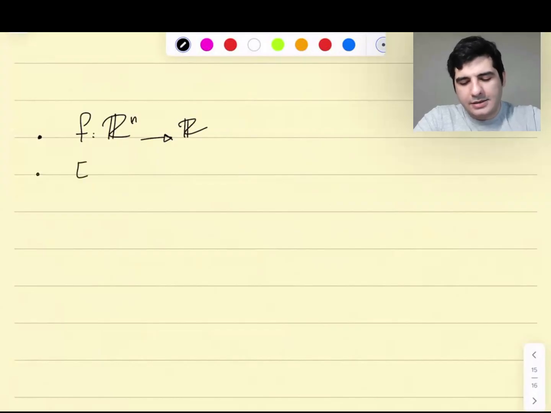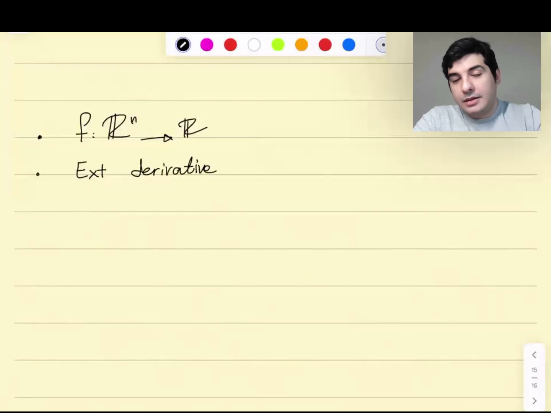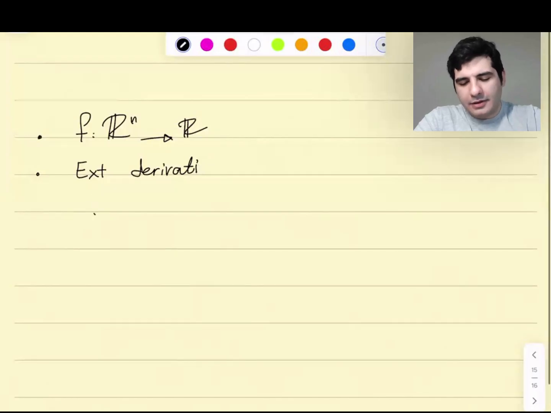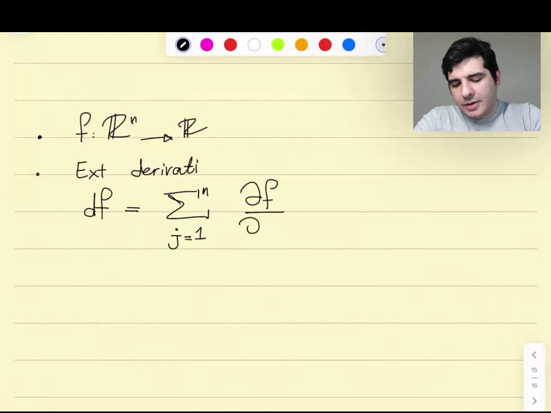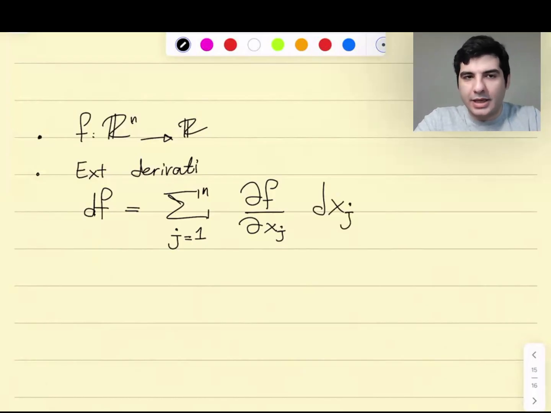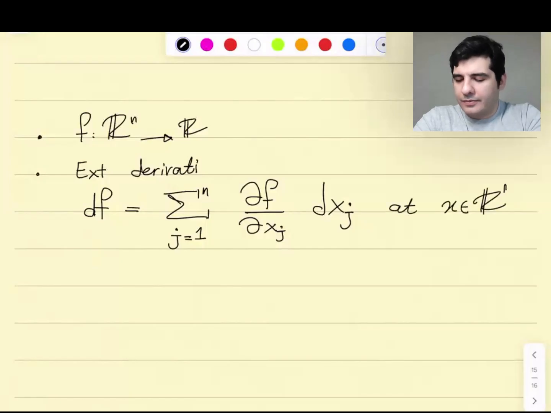We define the exterior derivative of f, denoted by df, to be just a sum, j going from 1 to n, of the partial derivative of f with respect to xj times dxj, the basis of the cotangent space at any point x in Rn. So this is the exterior derivative of a function.